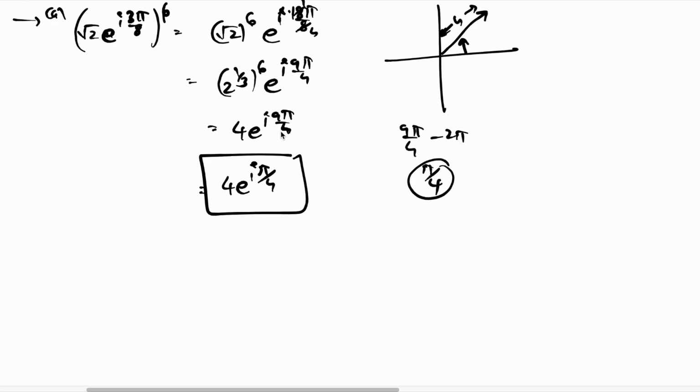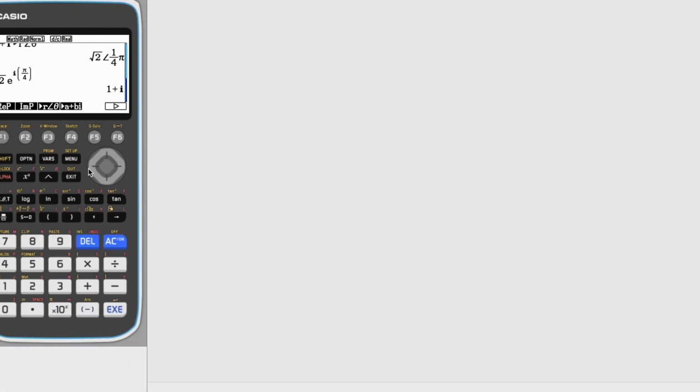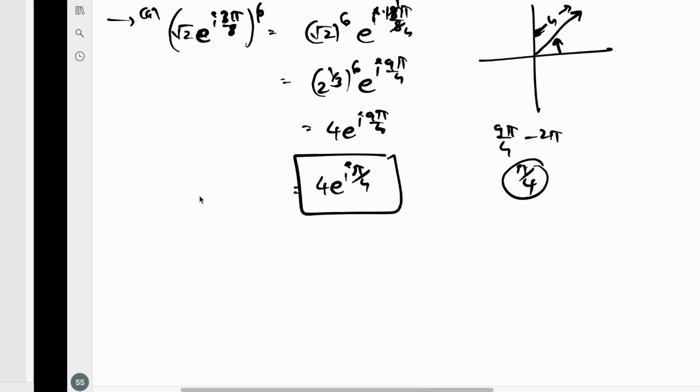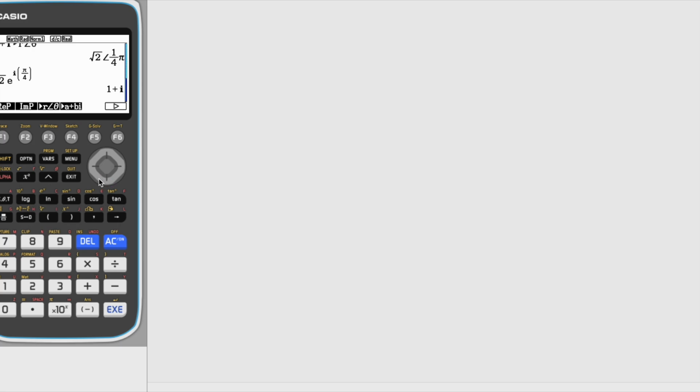And this could have been achieved directly in the GDC as well. So I could have written root 2, I've already written root 2 e raised to i 3 pi by 8. So shift x square root 2, shift ln, shift i, bracket 3 shift pi by 8. I'll open a bigger bracket and close a bigger bracket and write raised to power 6.